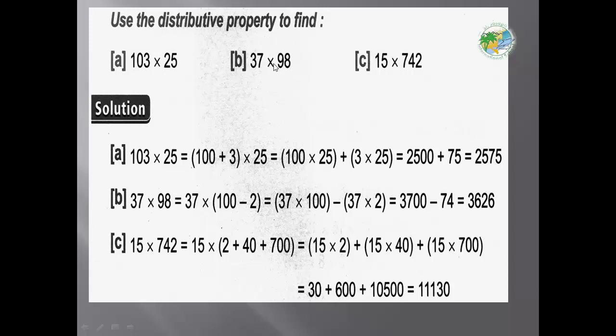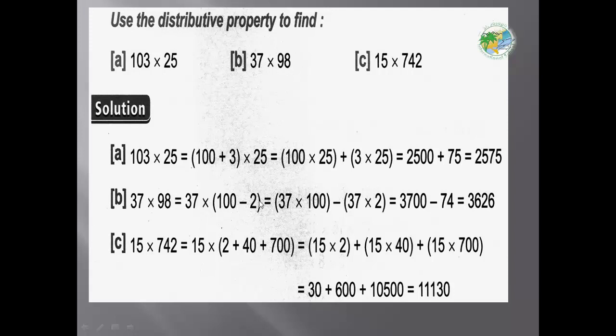Okay, the second question, 37 times 98. Look at this number. If I ask you to use the distributive property, we should write a bracket and a times number. Here the bracket will have the number nearest to 100 or 1000, 98. Is it less than or more than 100? Less than.